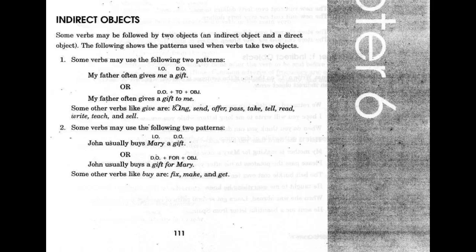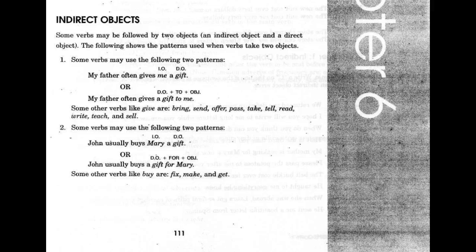Okay, the object receives the gift directly, and indirectly I receive the gift, but I have to use the preposition to indicate direction. Okay, now these things can be confusing, especially the prepositions. So I want you, in those cases, to find out why we use to.